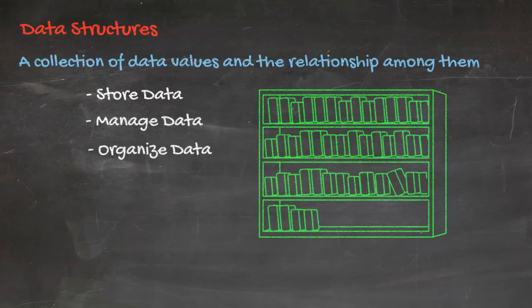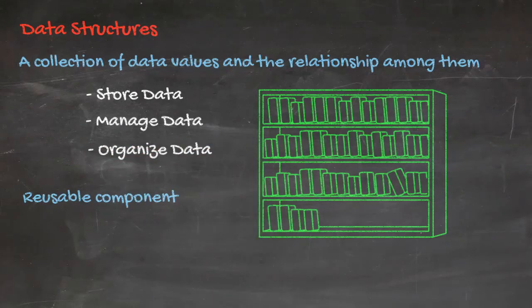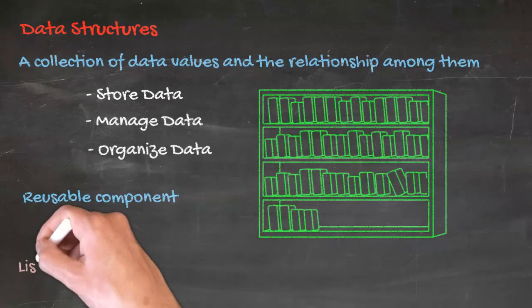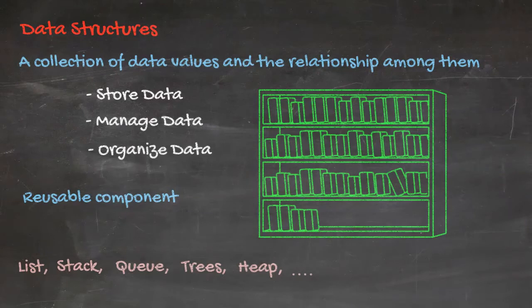Because of having a data structure, we can efficiently access and modify data. Once we implement a data structure, we can use it in many applications as a reusable component. List, stack, queue, tree, heap are some examples of data structures. We will discuss these data structures in later videos.